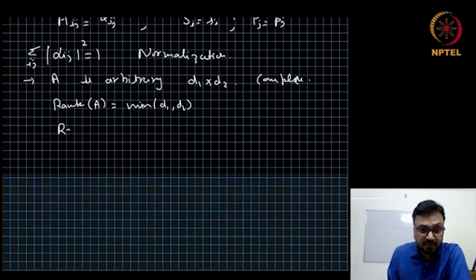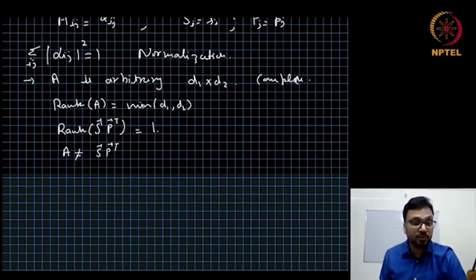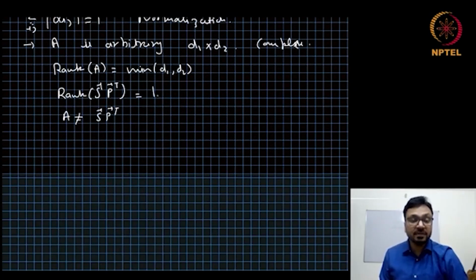But what is the rank of the matrix S times P transpose? It is 1. It's a rank 1 matrix. So A is not generally equal to S P transpose. Or what we can say is there exist enough states which cannot be written as psi tensor phi.